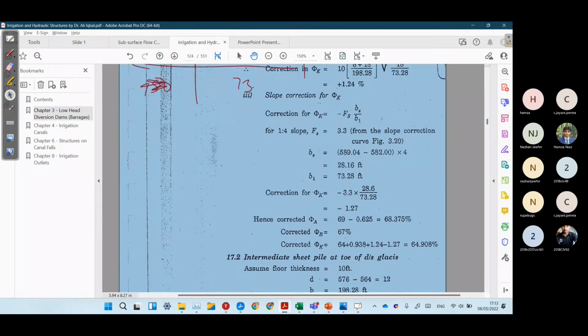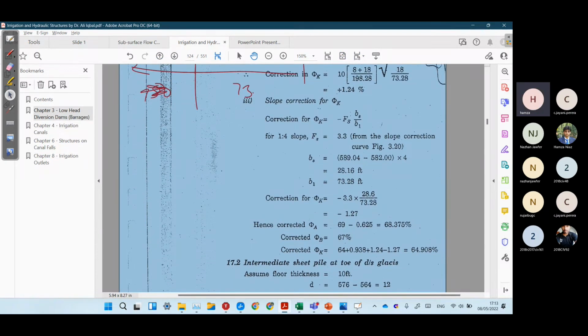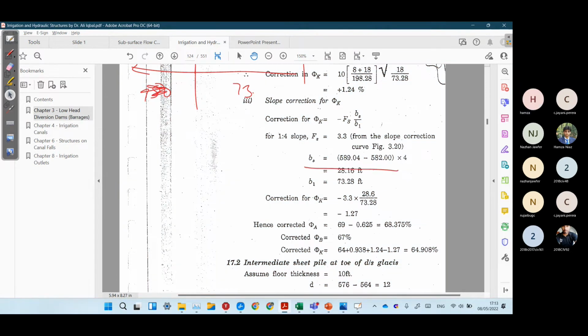And Bs is the slope length. Again, like we calculated like this: 589 minus 582 into this slope, this 4. So we calculate this horizontal length like this.